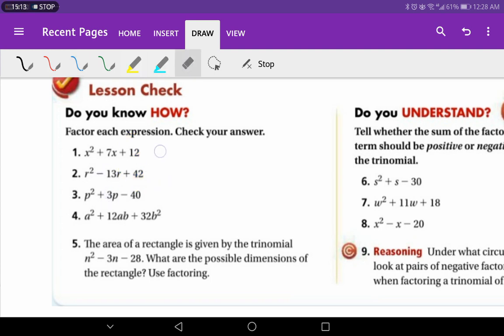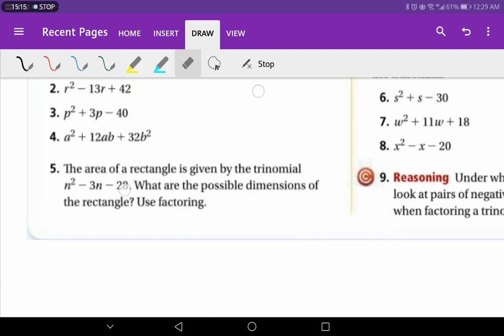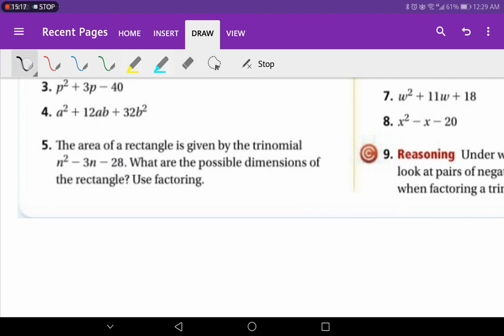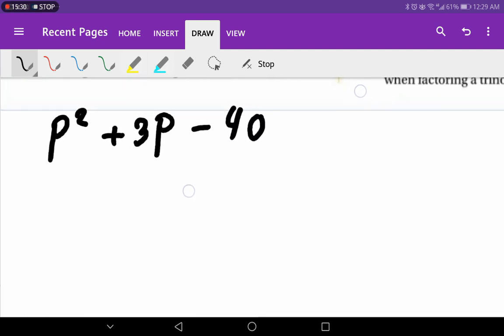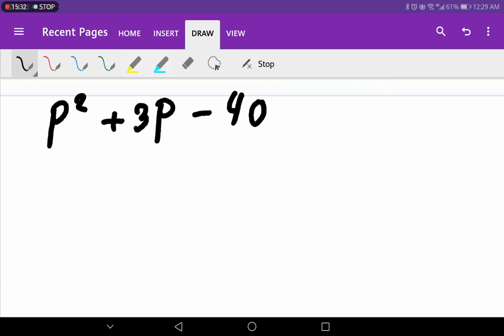Let us continue and please try to do it in the same way, my dear students. Believe me, you will be happy. So b squared plus 3b negative 40. And make sure you are memorizing the multiplication table very well.